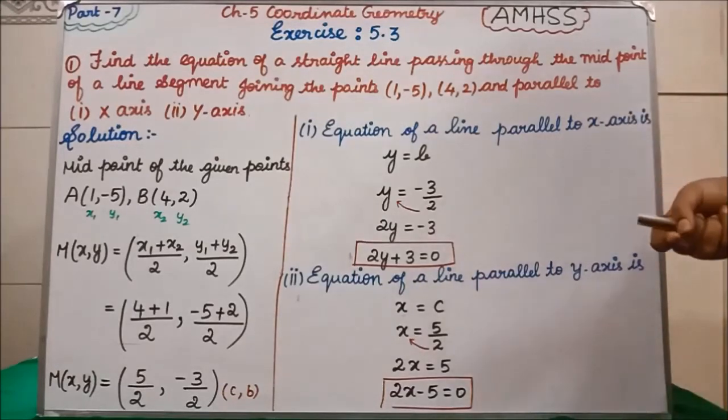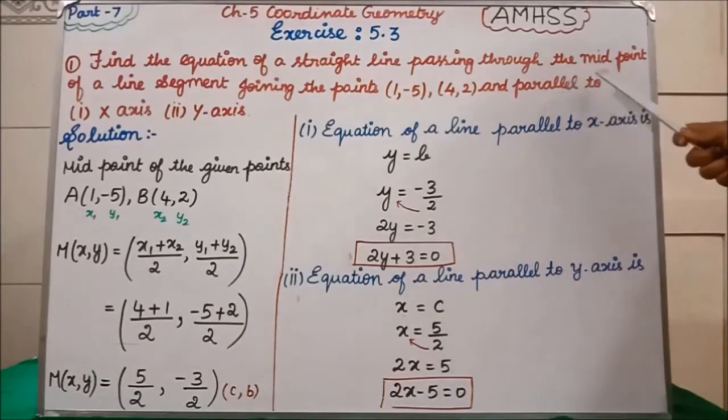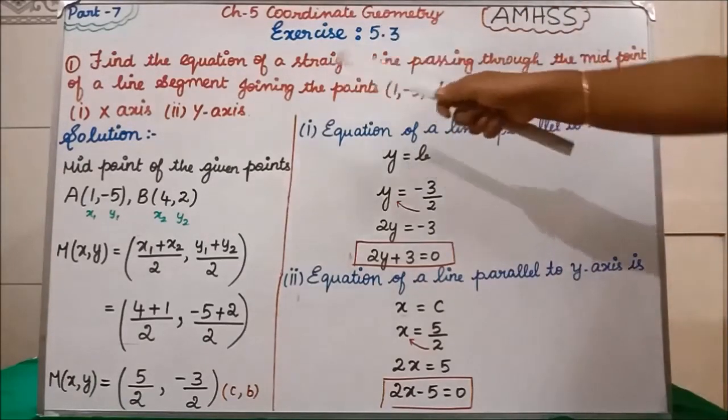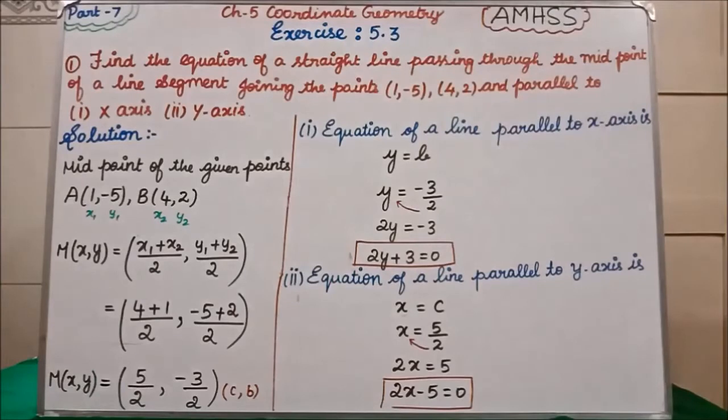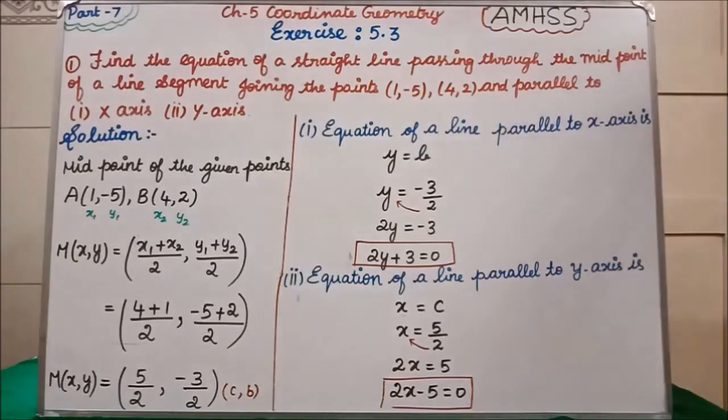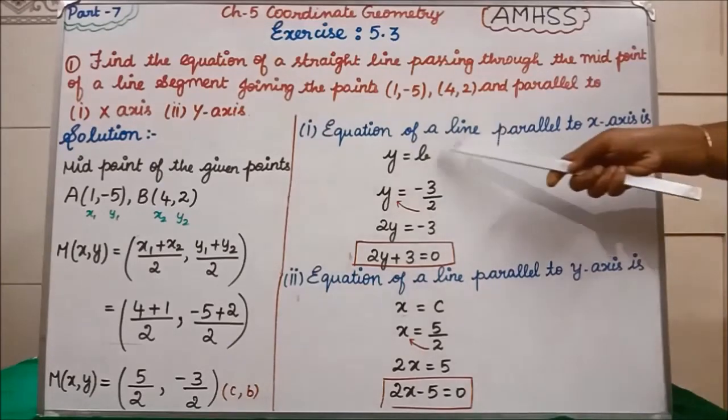Now, next, what have they given in the question? Parallel to the x-axis is the first subdivision, parallel to the y-axis is our second subdivision. Before this we gave one formula in tabular form. In the tabular form, parallel to the x-axis means, as I told you, y is equal to b. How much distance it has moved from the x-axis, that is this b.